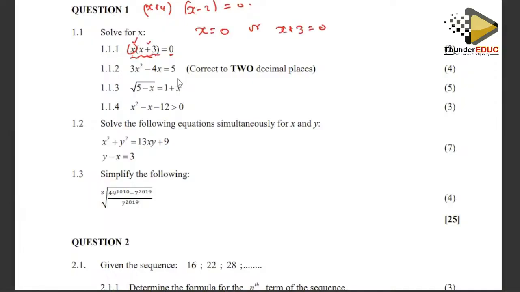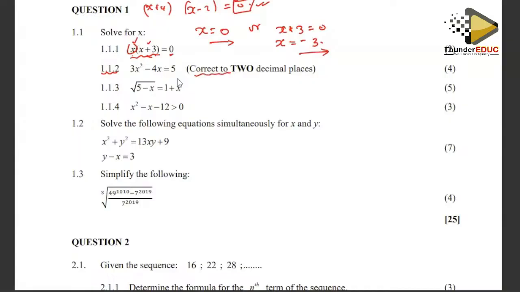And then you solve for x, meaning that x is going to be a negative 3. So this only works if we have a 0 at the end. If ever we have a number other than 0, then you have to open up the brackets this side and then you solve, okay?